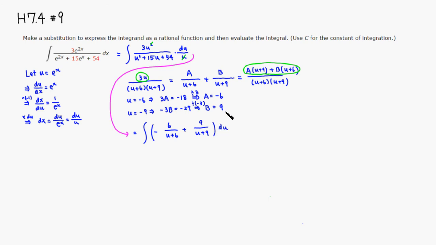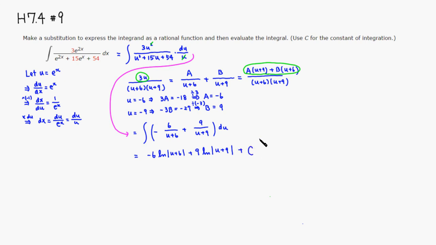Then we can easily find the antiderivative. I'm going to pull out the negative 6, so you have negative 6 times the natural log of the absolute value of u plus 6, and pull out the 9 from the second term, then the antiderivative is the natural log of the absolute value of u plus 9, plus some constant C.